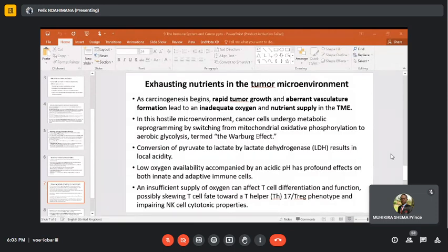This is called the Warburg effect, this switching from mitochondrial oxidative phosphorylation to aerobic glycolysis. This is what happens in the tumor microenvironment.